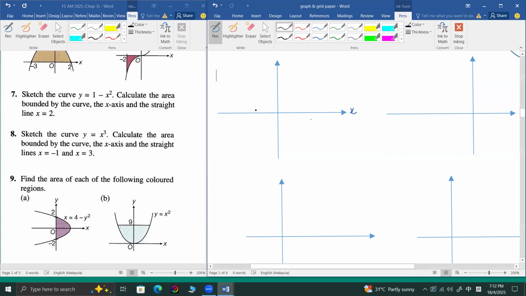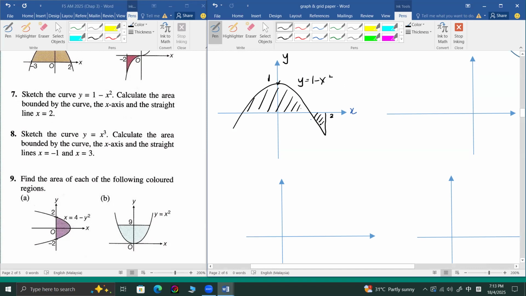So this is 1. The whole graph is y equals 1 minus x squared. The curve, x-axis, and x equal to 2. So we have here the curve, x-axis, then x is 2.